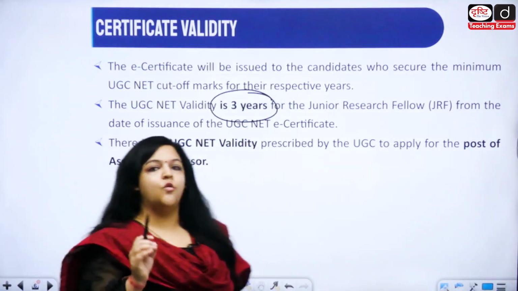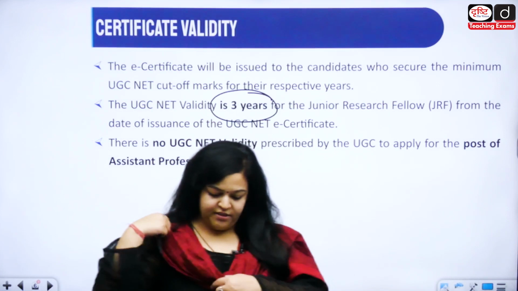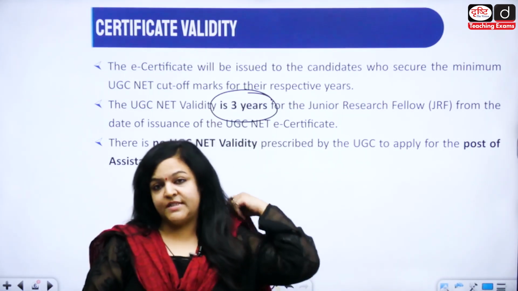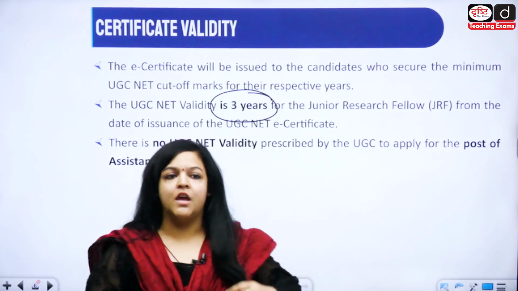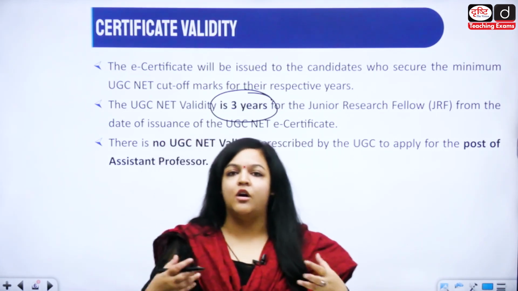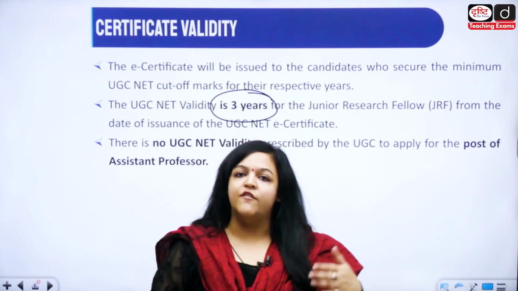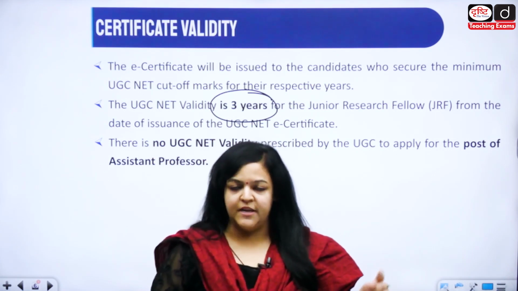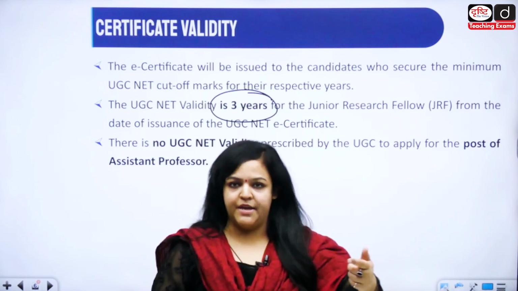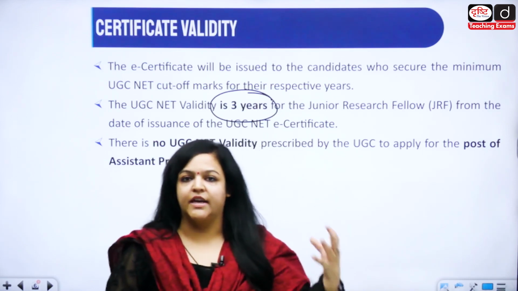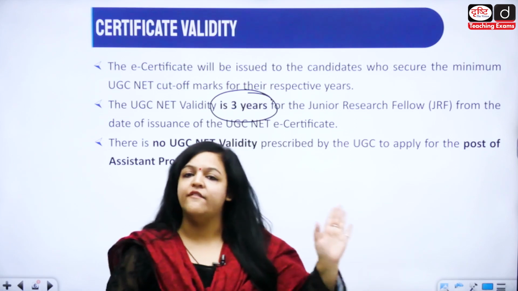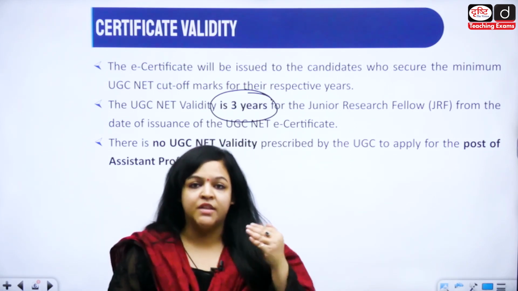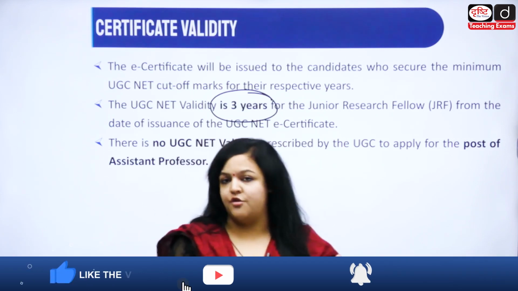Within these 3 years, you should be able to enroll yourself in a PhD institute, in a college or university which offers a PhD program, and it should be recognized by UGC. If you enroll in PhD, you will start getting the funding which you have opted for. But this is only valid for 3 years, so within 3 years, you have to get enrolled into it.